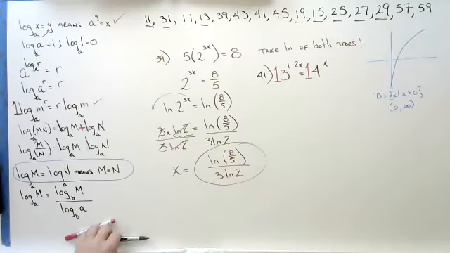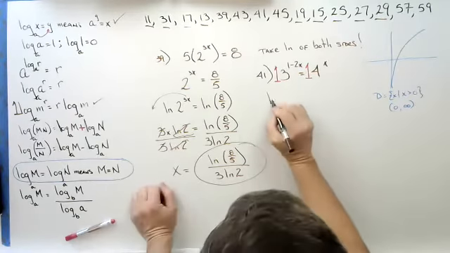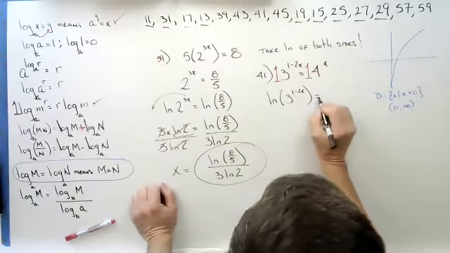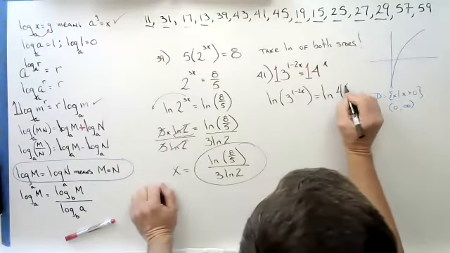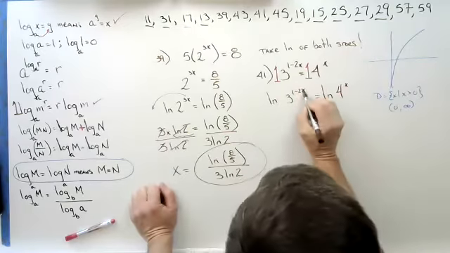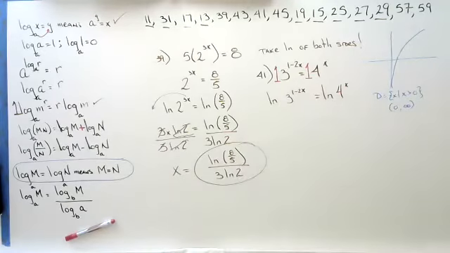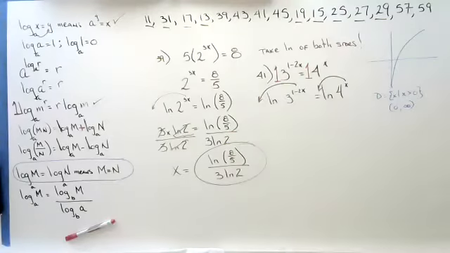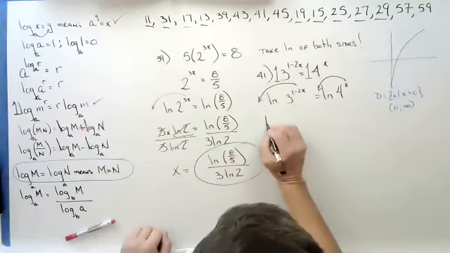We'll take the log of both sides. The reason we take the log of both sides is so we can move those down. That's why. So look what we have.